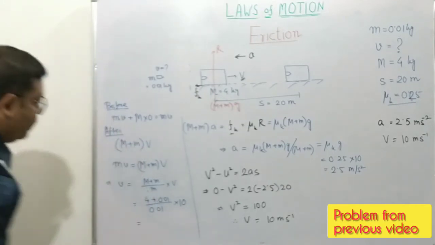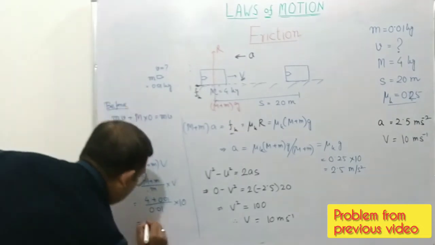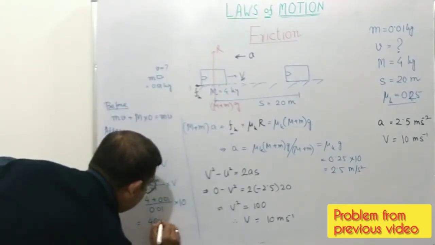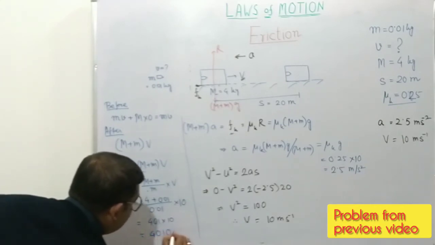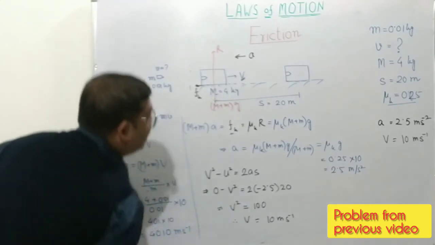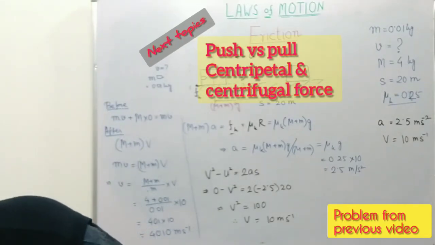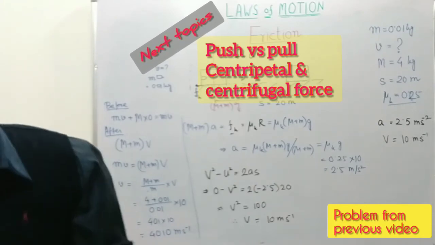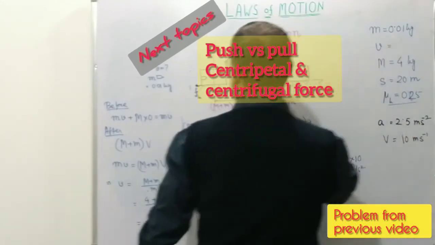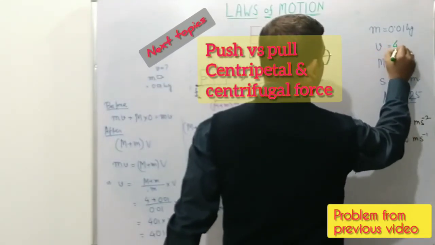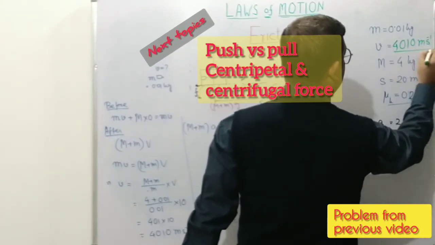This will be equal to 4.01 by 0.01, that is 401, into 10, which is equal to 4010 meter per second. So the required velocity of the bullet before it hit the block was 4010 meter per second. This is our solution.